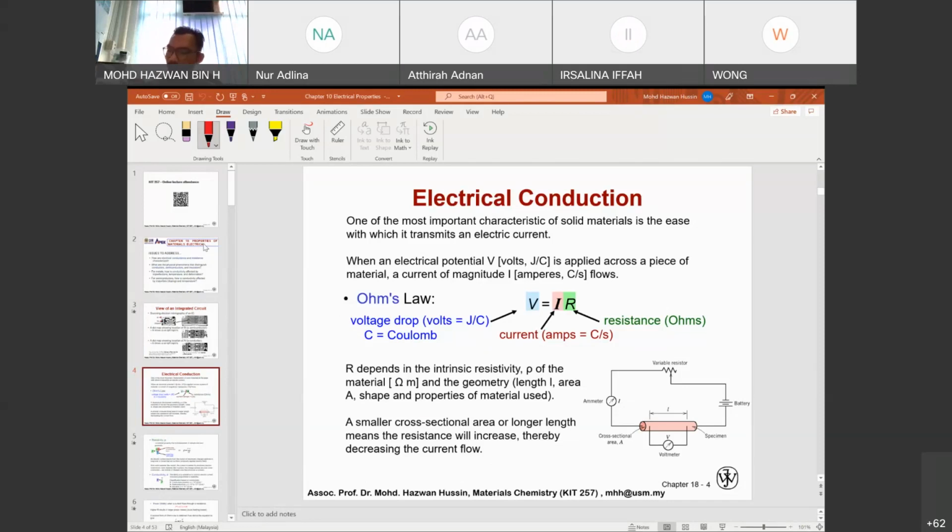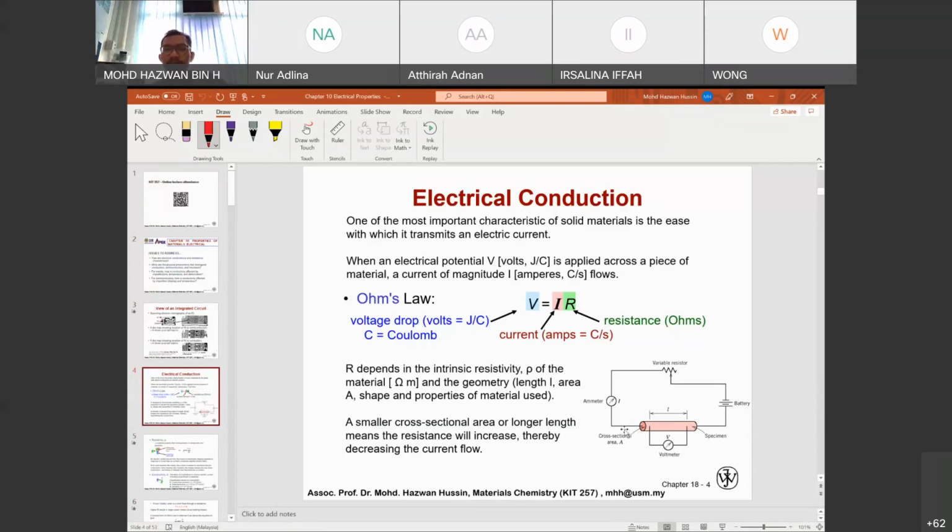So when you have a potential, as I told you, and this potential has been applied to an object or specimen, what happens is that the electrons will move, and the movement of electrons will produce current. People still didn't understand what it means by current. Current is actually produced by the flow of electrons.